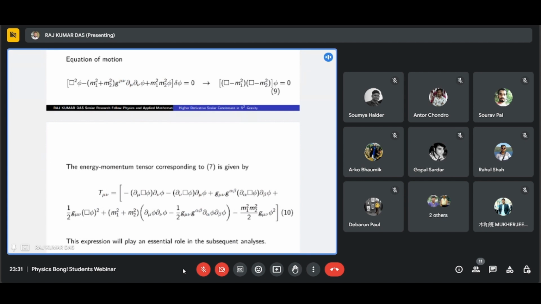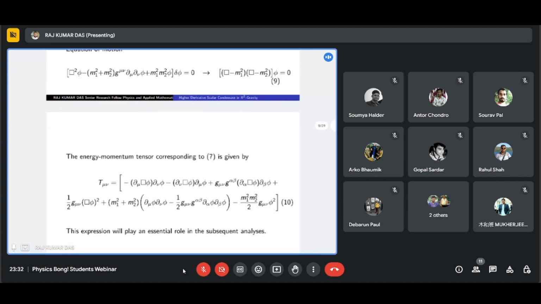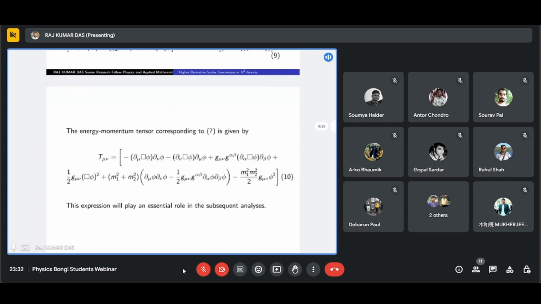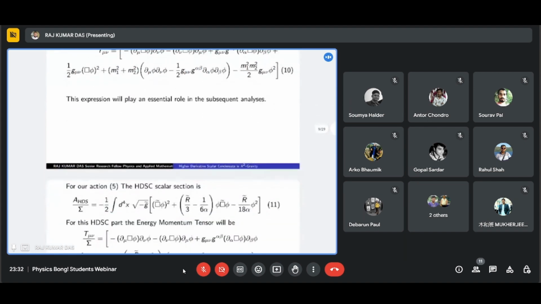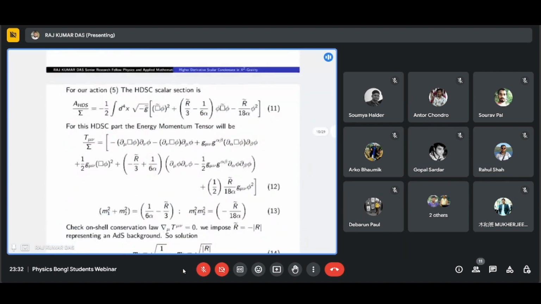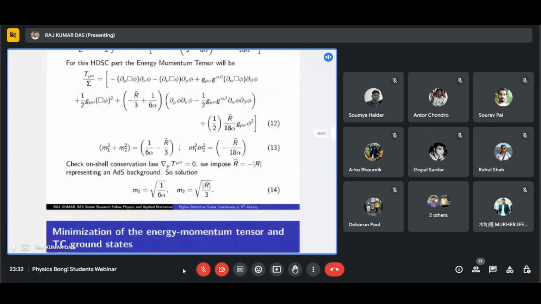Okay, so now our basic target is to study that energy momentum tensor, but we get a big expression. Using the time crystal condensate nature, we should focus on the minimization condition of the energy momentum tensor. So first of all, for studying the minimization case, we should convert our energy momentum tensor by Fourier transform, and from the Fourier transform we will get two possible solutions.